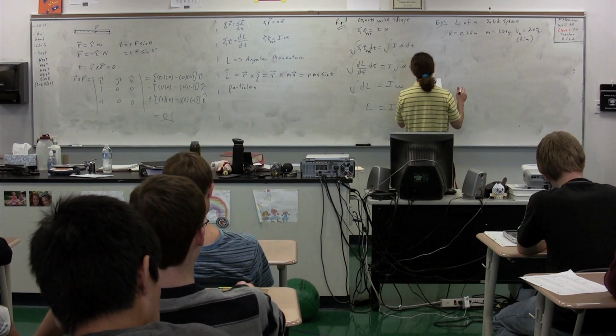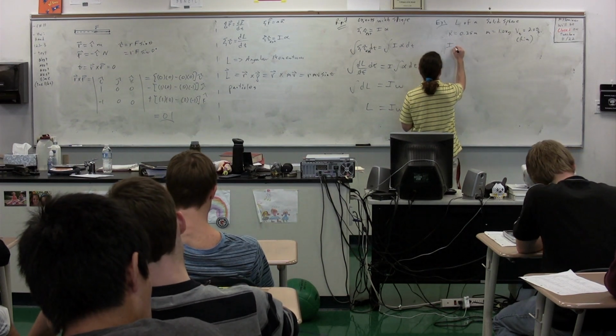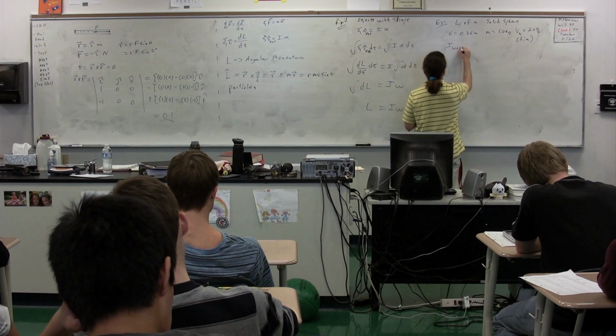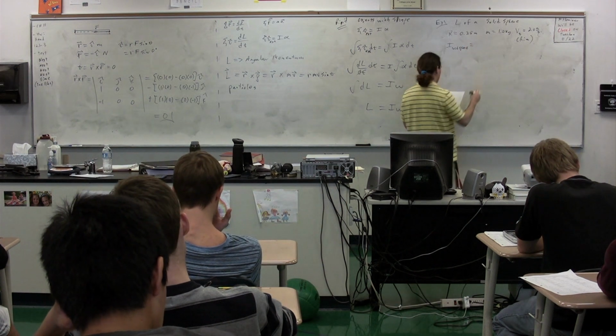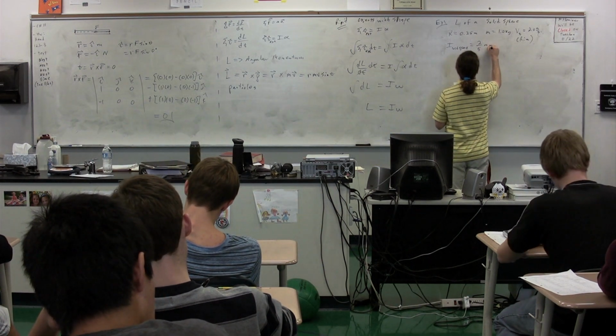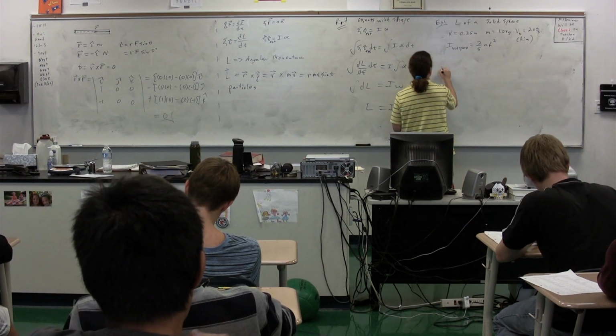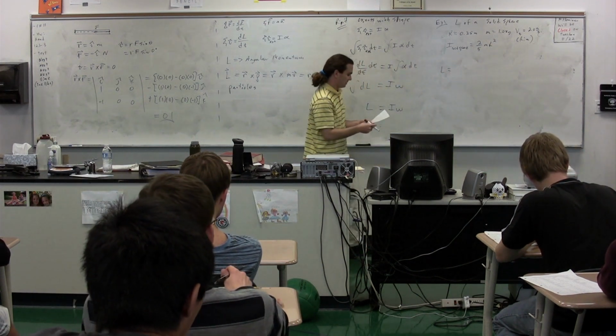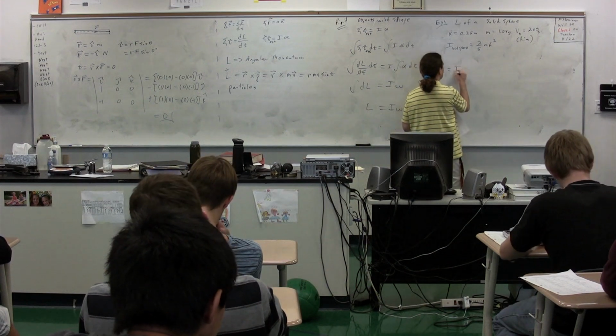We need the moment of inertia of a solid sphere about its center of mass, which we can look up. It is 2/5 mr squared. So the angular momentum is going to be equal to I times omega.